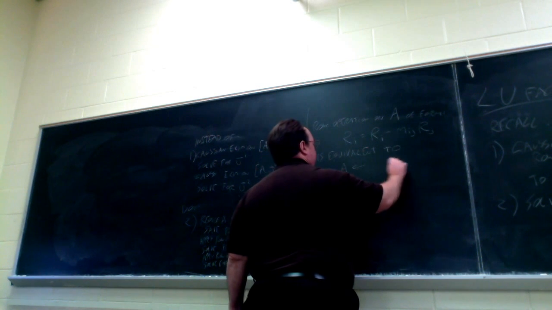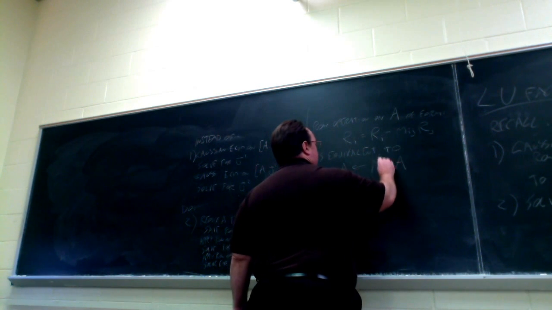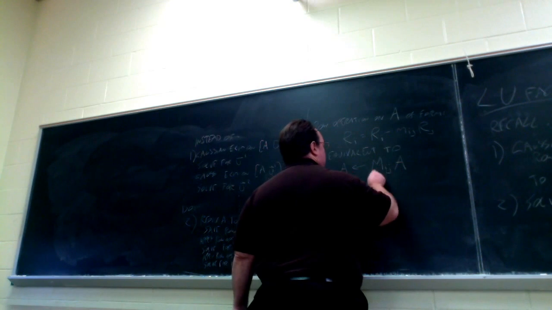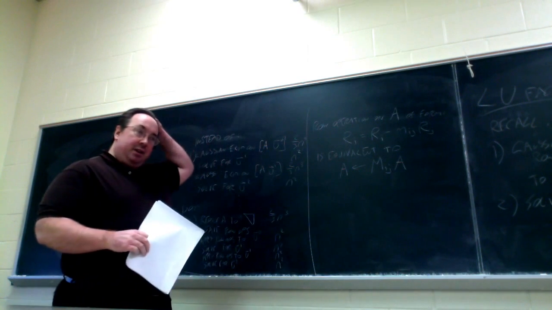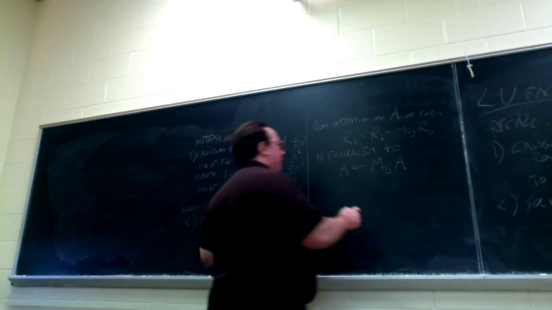A is equal to A multiplied on the left by a matrix that I'll refer to as capital Mij, and it has this form.